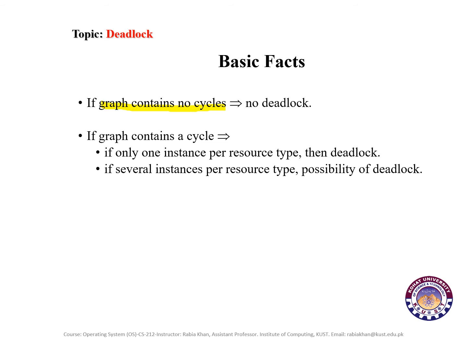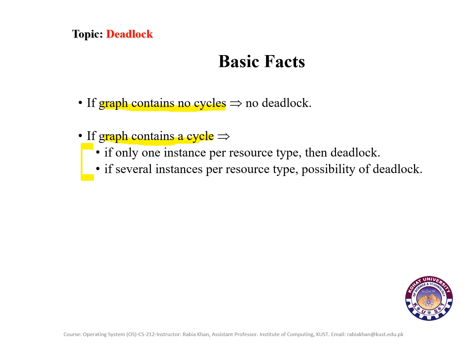So these are the two possible situations. If there is a cycle, there is a possibility of deadlock. Keep in mind, a cycle brings possibility, but it may not bring the surety that deadlock will happen.